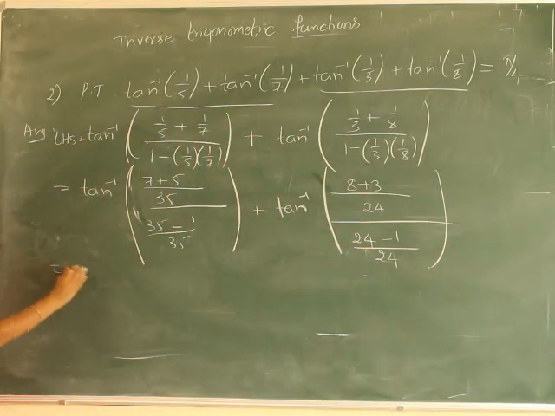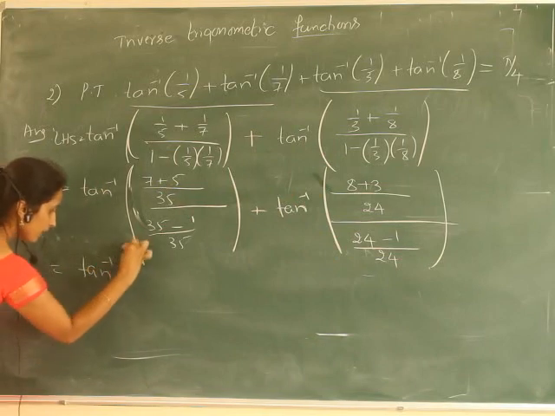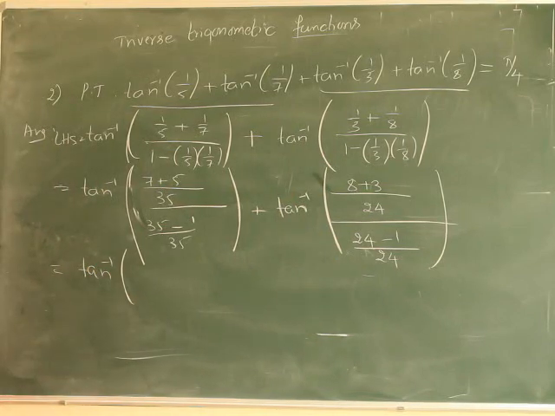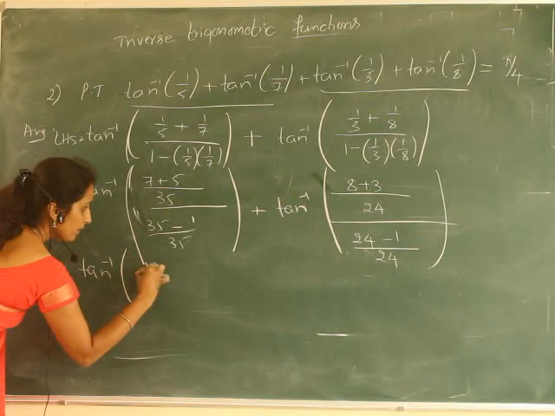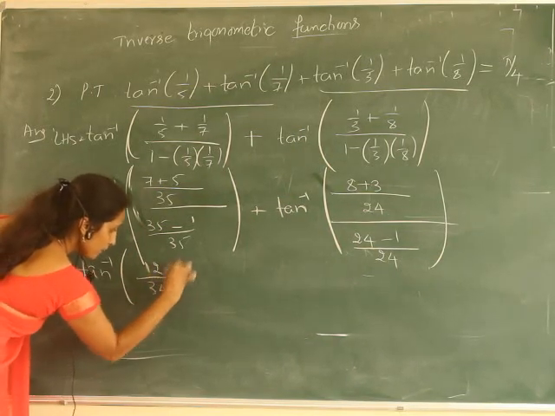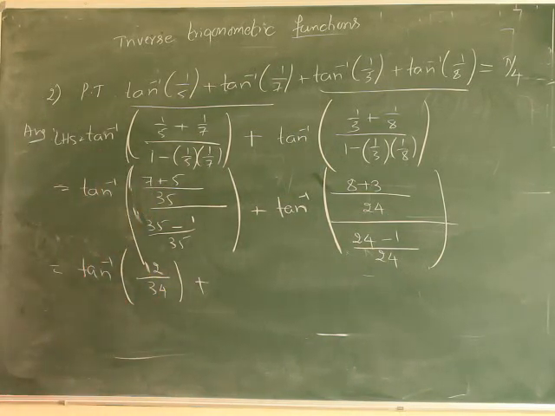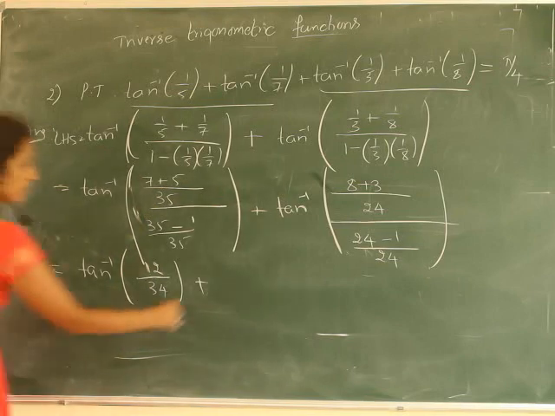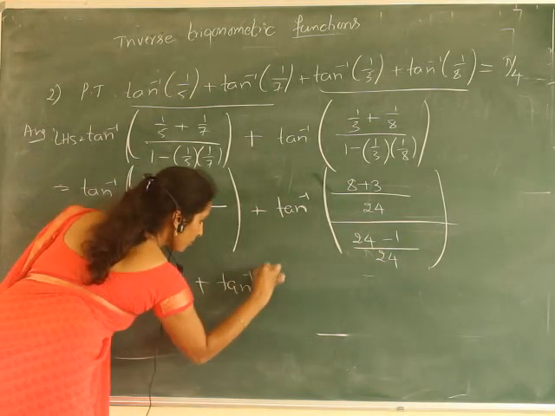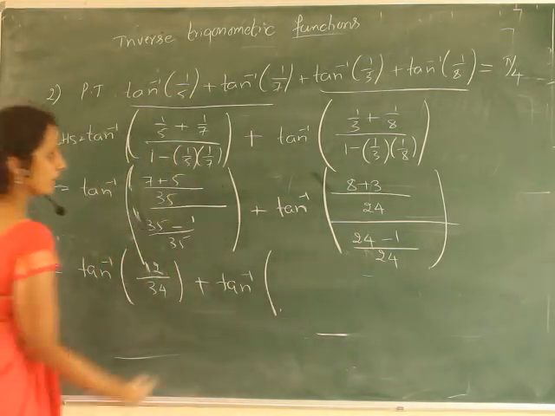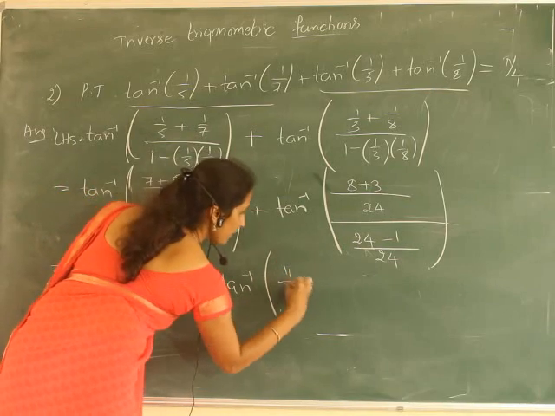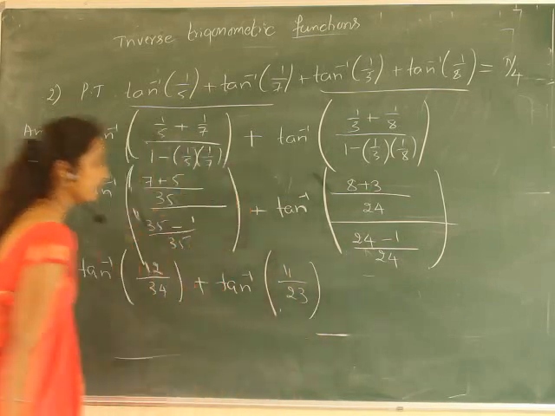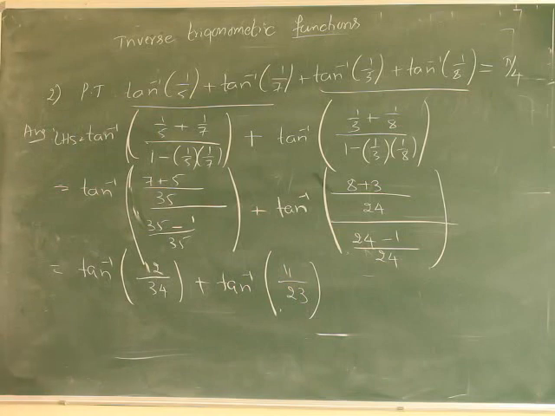So this is equal to tan inverse of 12 divided by 34 plus tan inverse of 11 divided by 23. So again we got it in the form of tan inverse x plus tan inverse y.